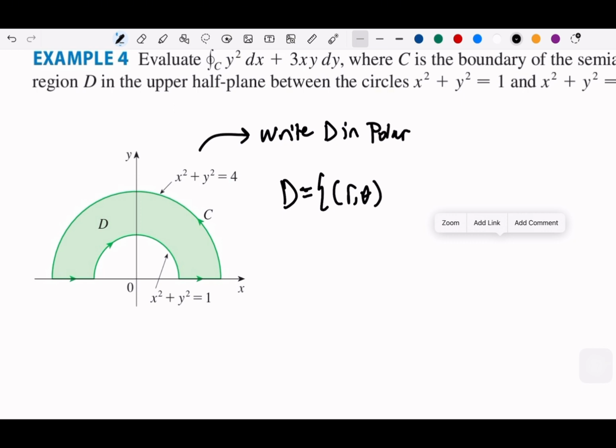And the angle will be from 0 to pi. So this will be from radius 1 to 2, and then angle theta from 0 to pi.